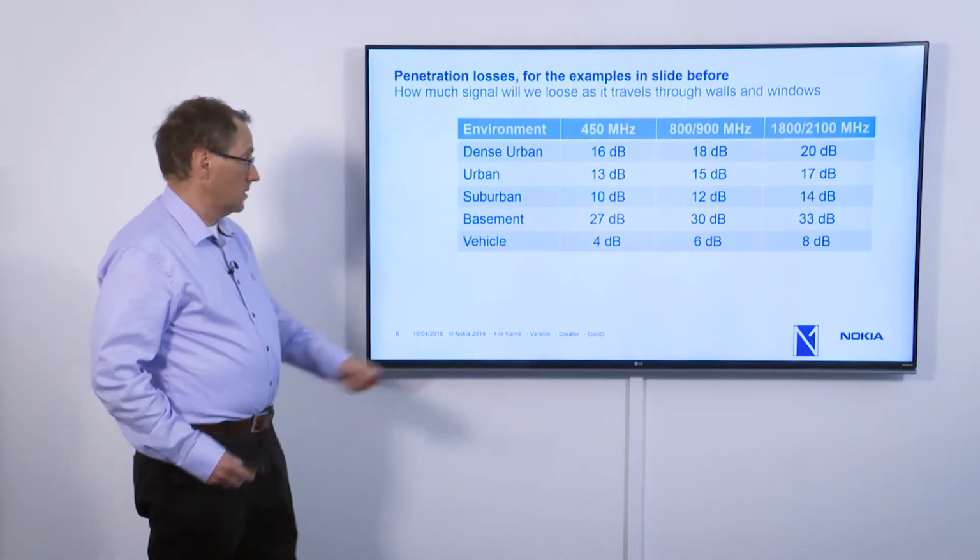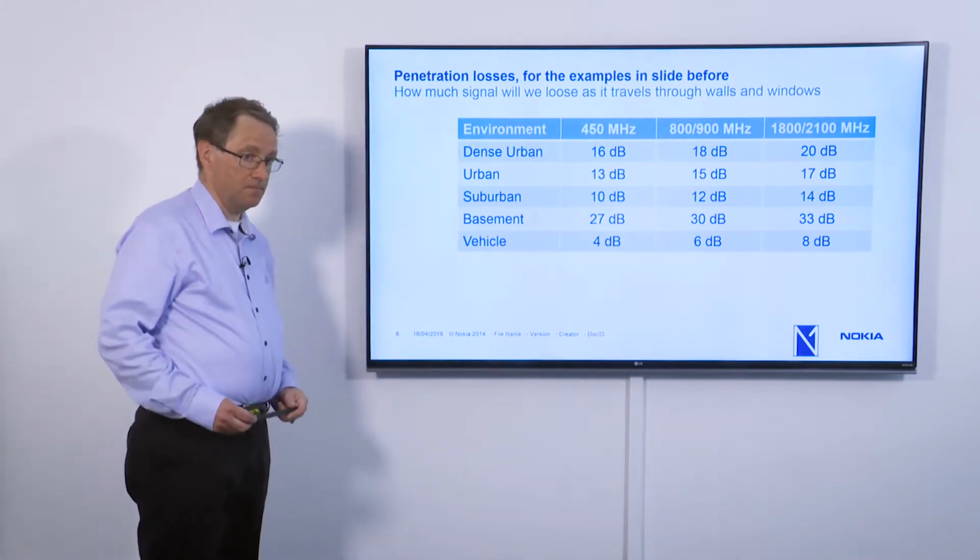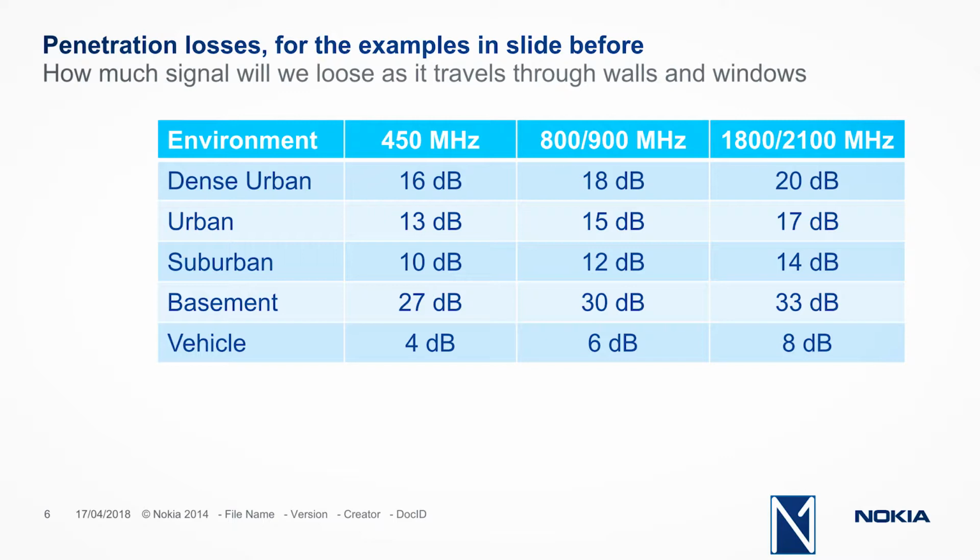Around 30 dB means 1,000 times. Vehicle is not so bad, but still, if you want to send some data over there, the network needs to predict what signal level it needs to send with. But if the truck is driving, the signal level is changing all the time.